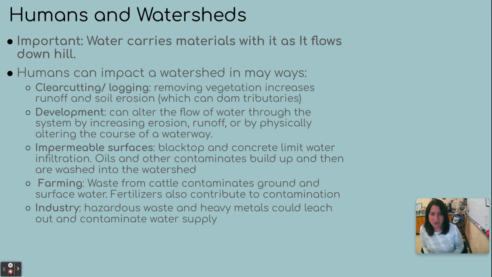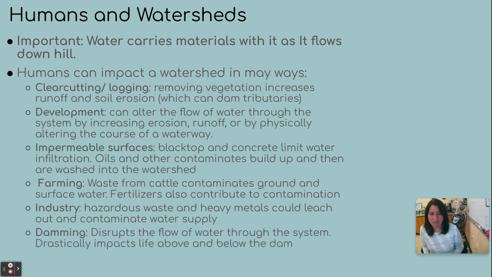Industry: hazardous waste and heavy metals can leach out and contaminate water supplies. So factories, things like that, and that's why we have the Environmental Protection Service and laws about what kind of waste factories can be producing.